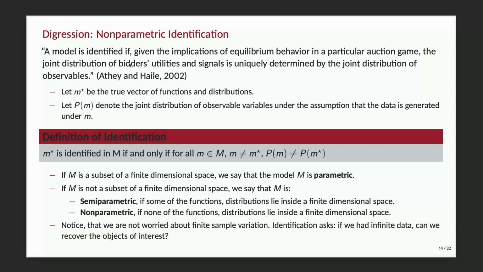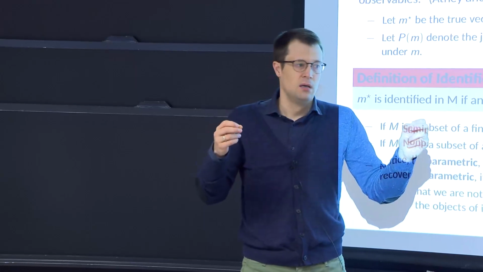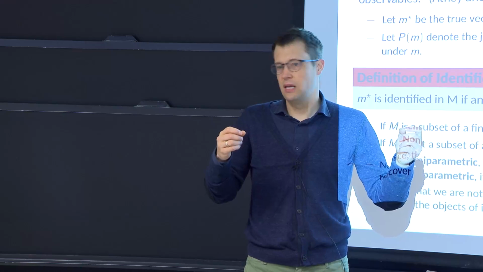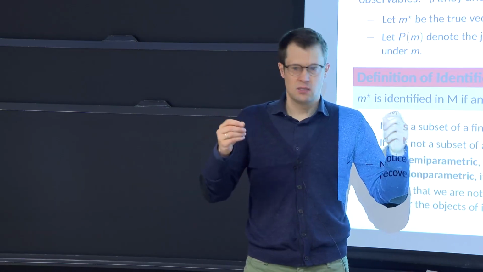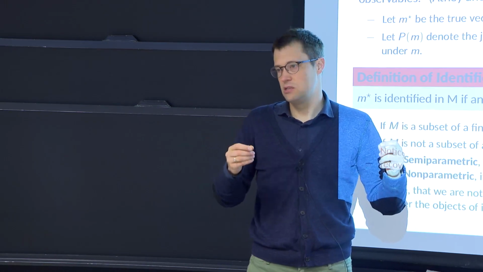If M, however, is not a subset of a finite dimensional space, we say that it's semi-parametric if a subset of functions lies in a finite dimensional space, and non-parametric if none of them lies in a finite dimensional space. Non-parametric basically means that you can have any sort of weird density of valuations. It could have different modes, and you're not placing any restrictions on it.